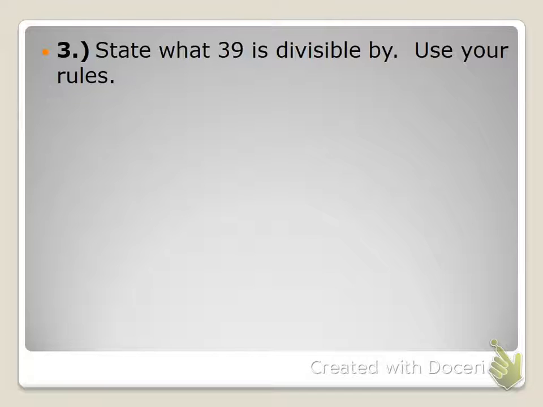Is it divisible by 3? What's our rule for 3s? The sum of the digits, so 3 plus 9 equals 12.